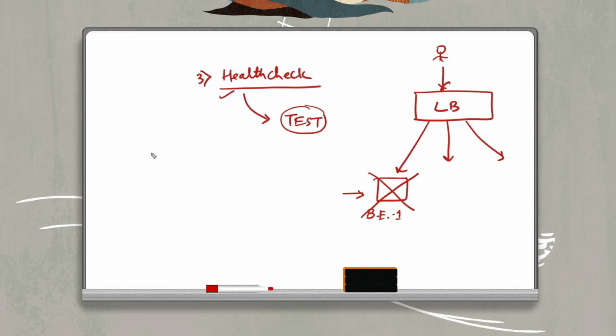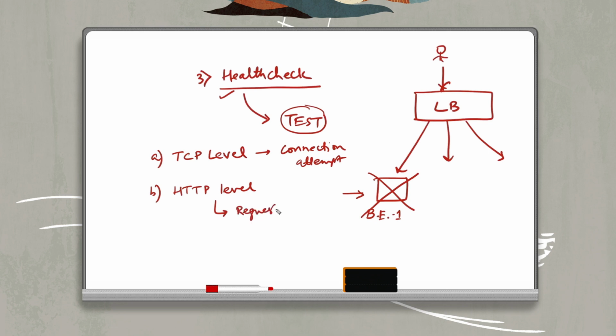And there are two ways in which you can conduct the health check. The first is you can conduct it at a TCP level, and the second is at an HTTP level. In the case of TCP level, it is going to be a connection attempt, and in the case of HTTP level, it is going to be a request.